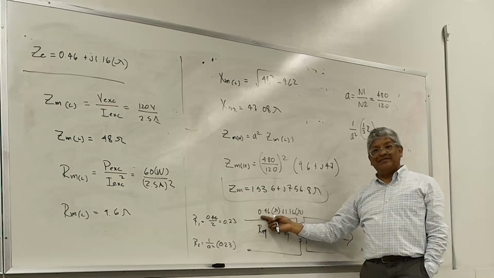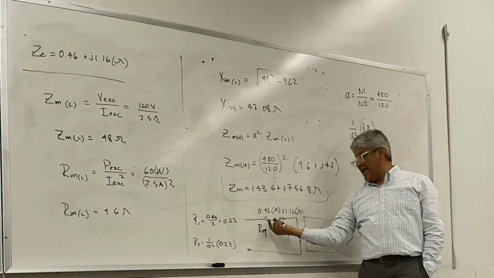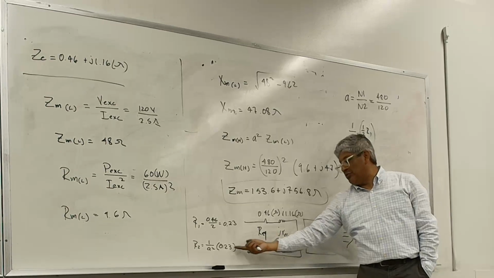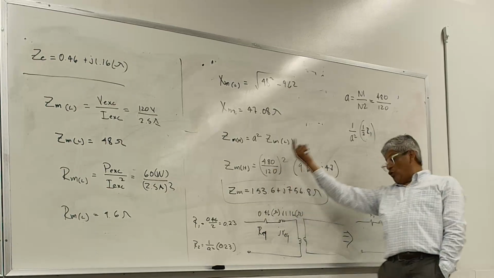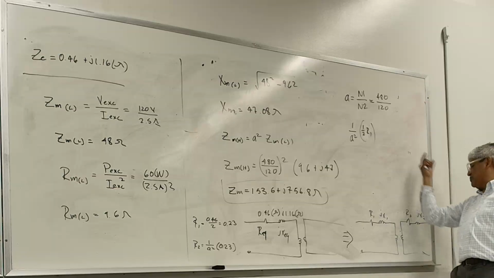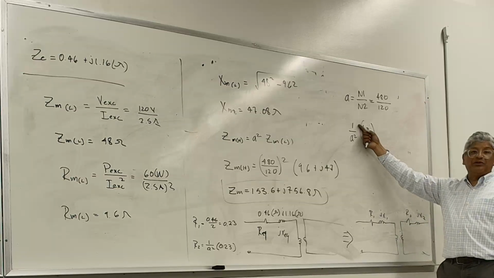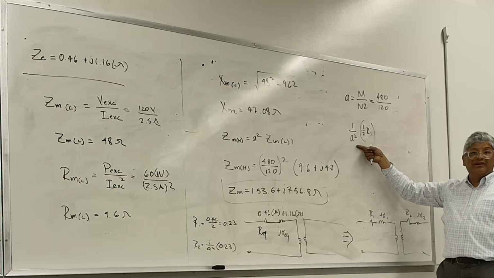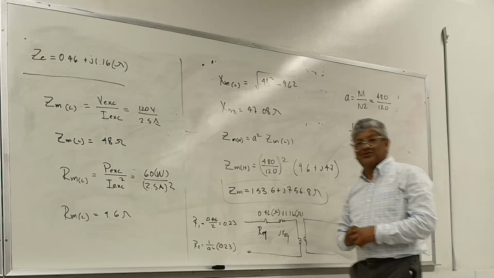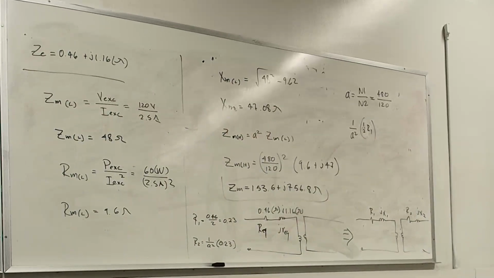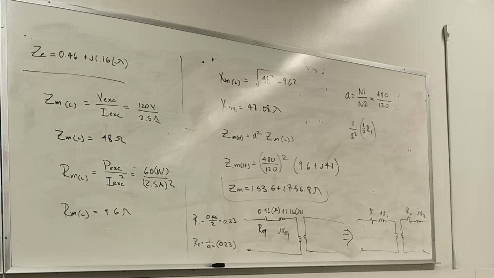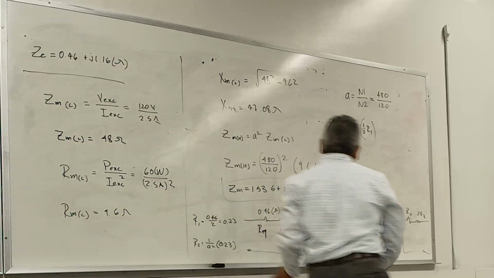In other words, I divide this into 2 resistors. I leave half on this side, 0.23, and I move the other half to the other side. But when I move it to the other side, I have to multiply it by the inverse of the turns ratio squared. So if the high side and low side swap positions, then you flip the relationship, right? Exactly. As a matter of fact, you can perform the same test backwards.